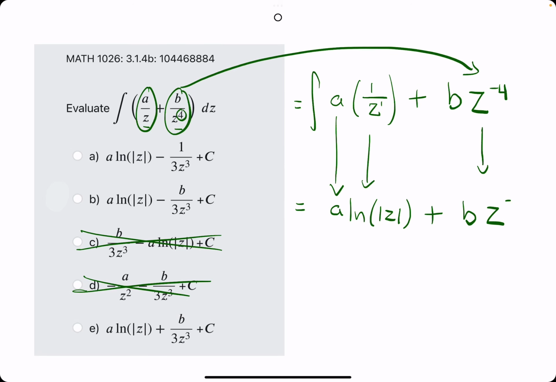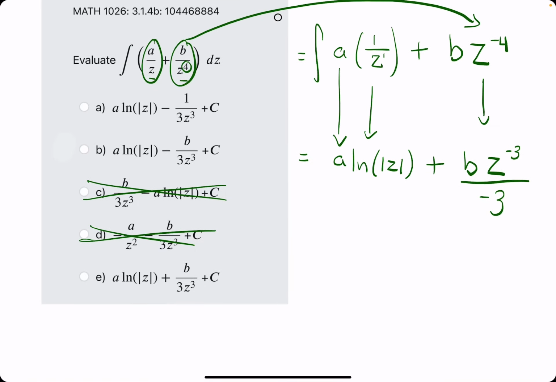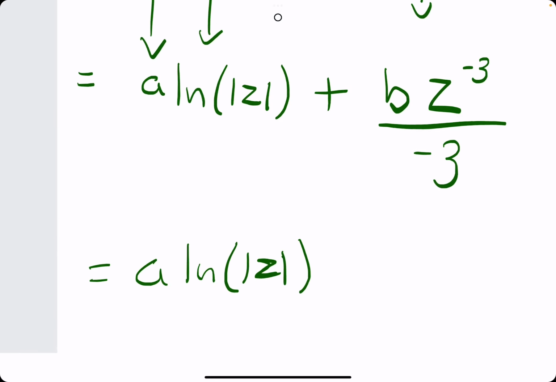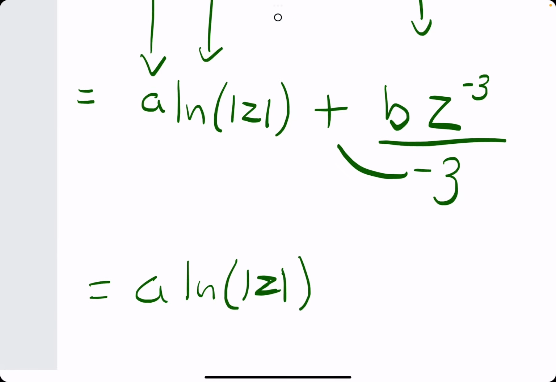Negative 4 plus 1 is negative 3. And then we divide by that same exponent, negative 3. And so when we rewrite this, we'll still have the a ln of absolute value of z. But then the negative from the 3 will negate this addition to subtraction.